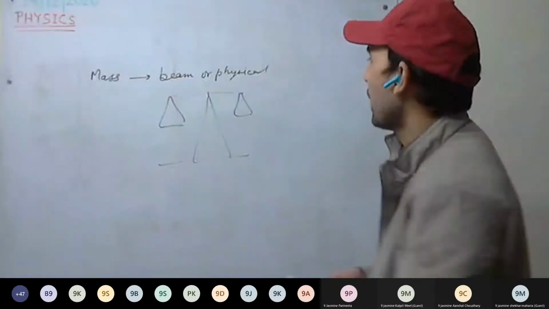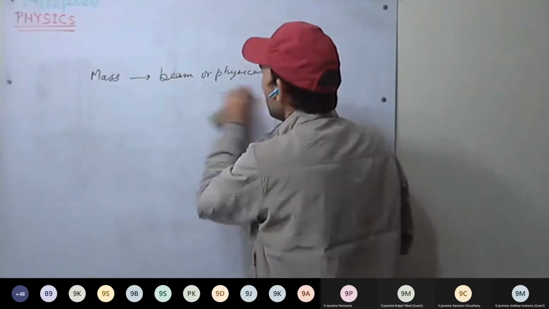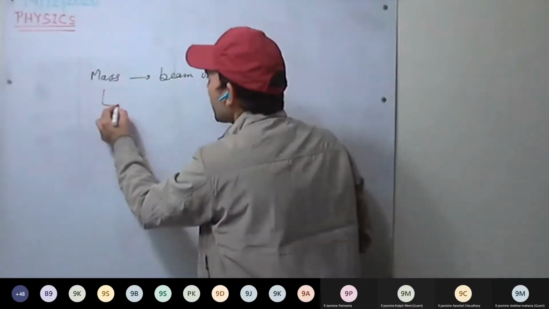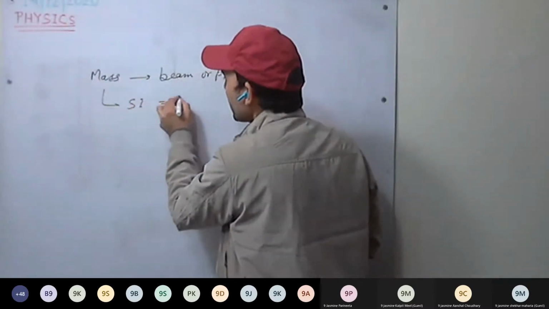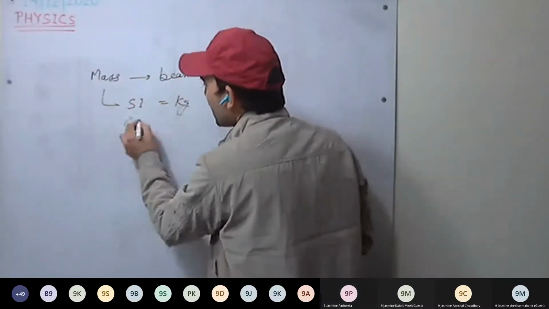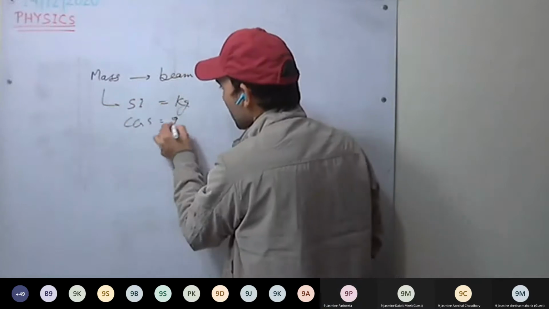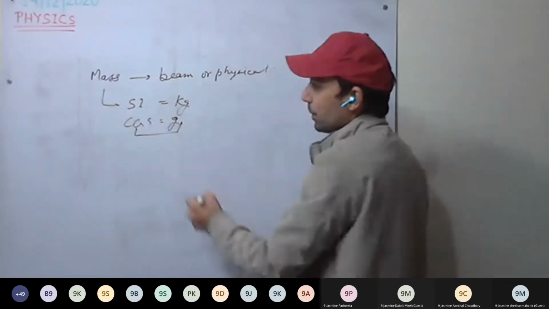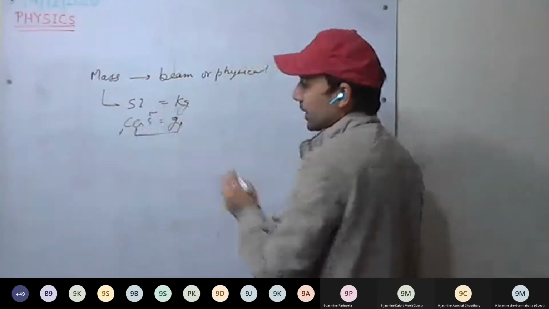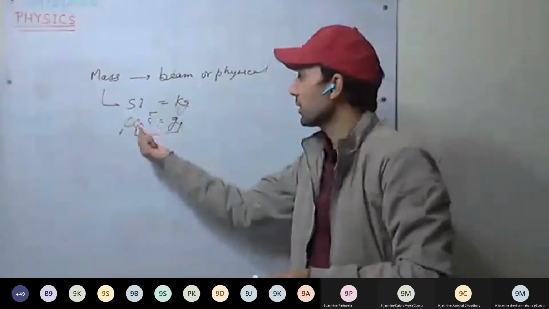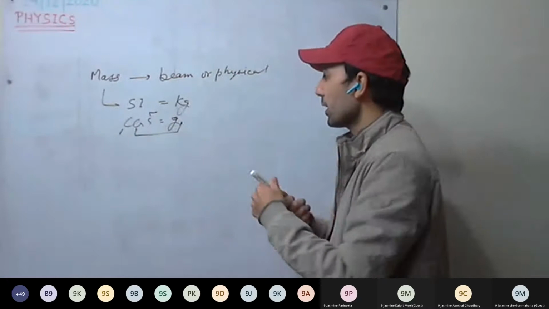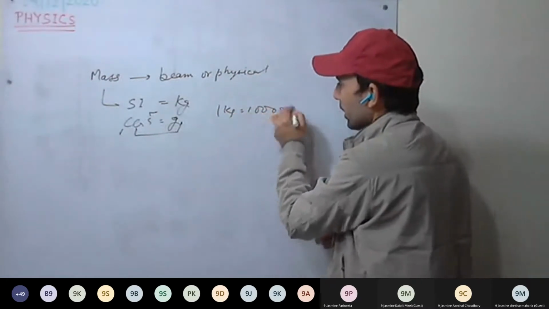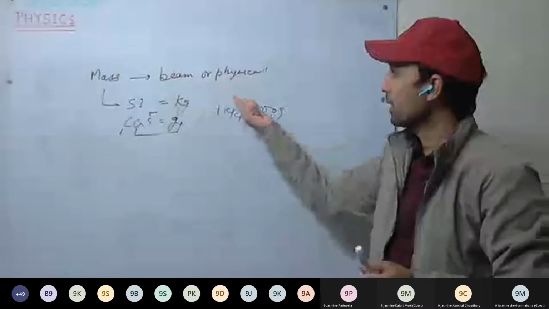So mass we measure using a beam or physical balance, and its SI unit is kg. The CGS unit is gram: C for centimeter, G for gram, S for seconds. And how are they related? 1 kg equal to 1000 gram. Okay.